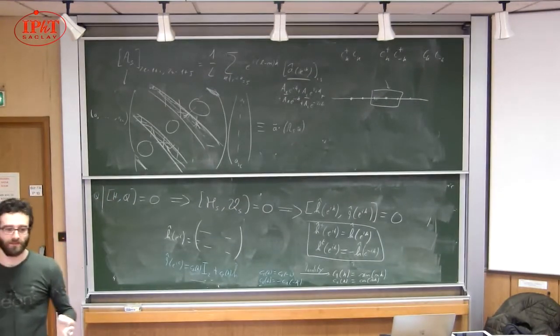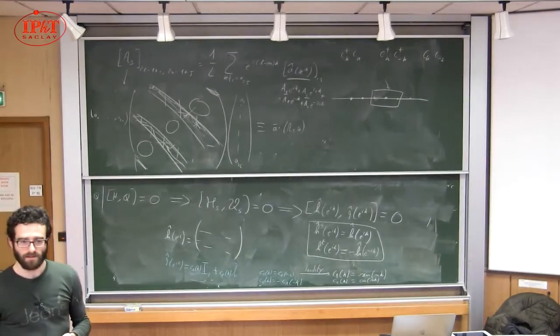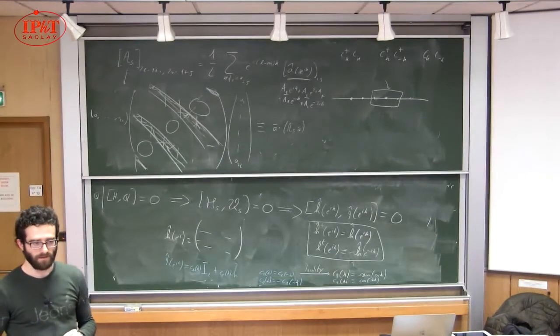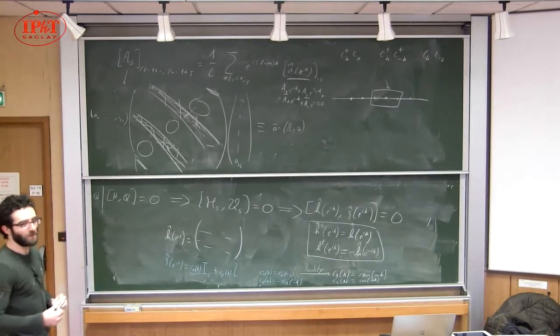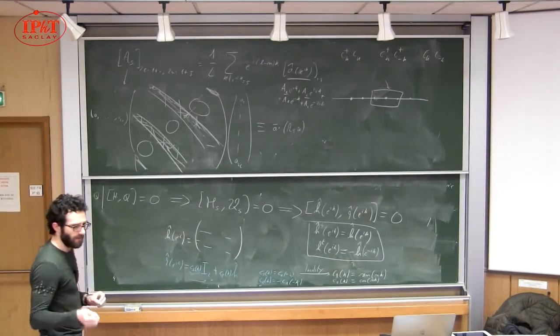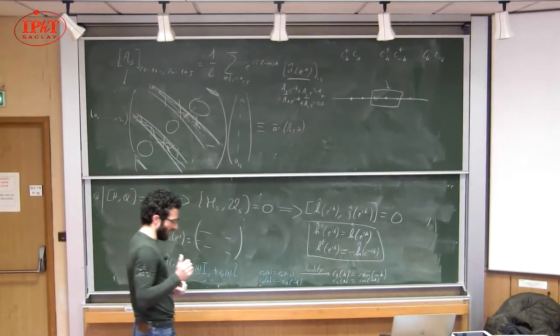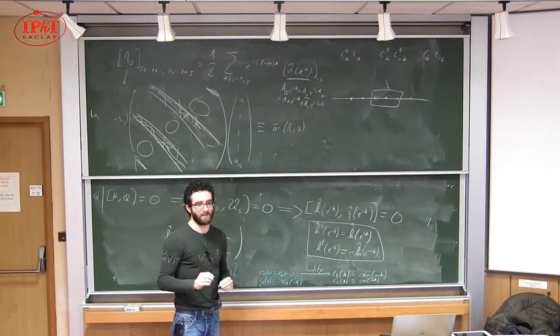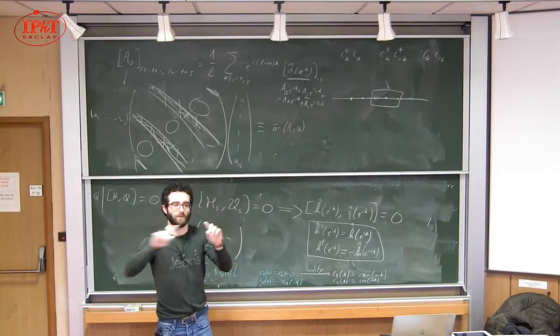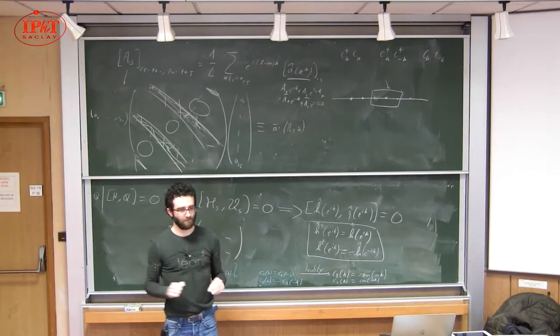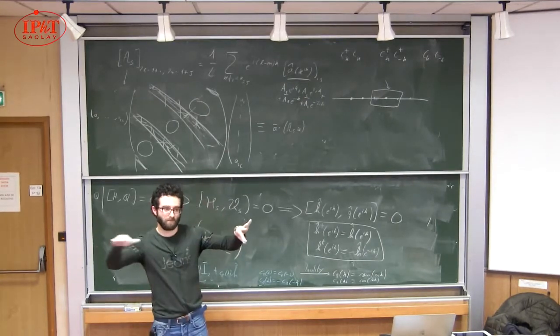Other questions? So what did we use so far? First of all, I assume that the Hamiltonian is shift invariant, translation invariant, and I sum over all the terms.